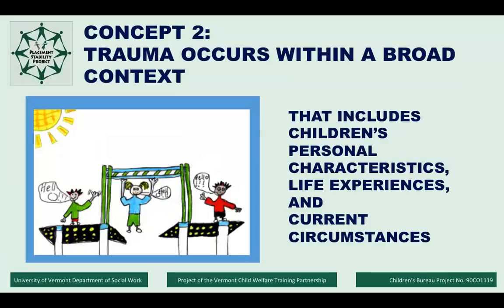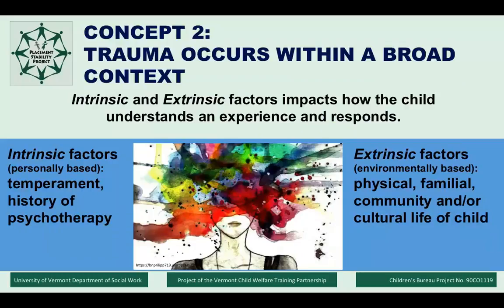Concept 2. Trauma occurs within a broad context that includes children's personal characteristics, life experiences, and current circumstances. Children's reactions to trauma are impacted by a variety of intrinsic and extrinsic factors. These factors impact how the child understands the experience and responds and may act as protective or vulnerability factors in the child's adjustment to trauma.